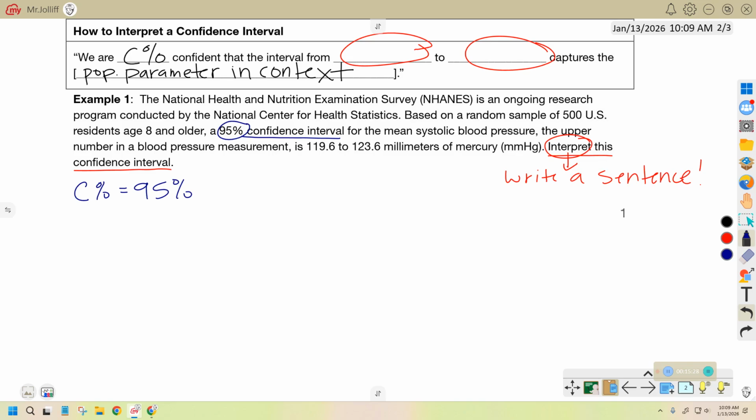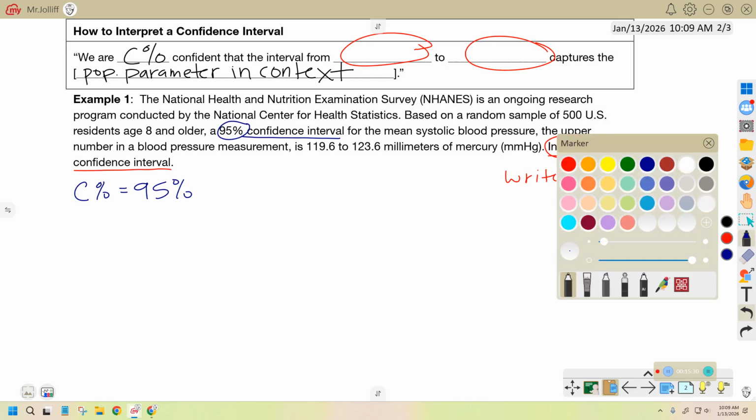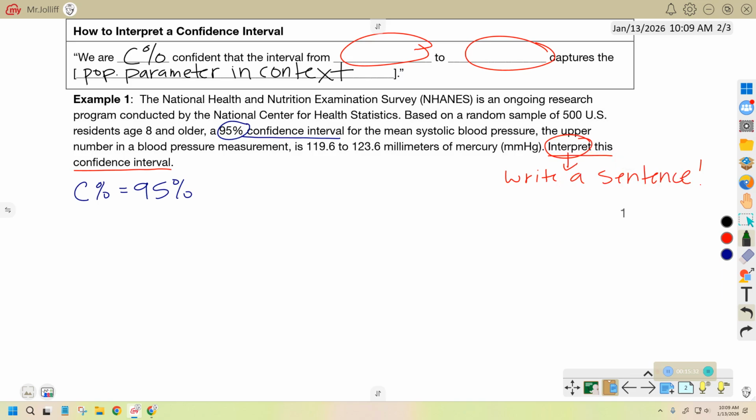Next piece. I need the lower and upper bound for my interval. Raise your hand who can tell me what those values are. Very good.